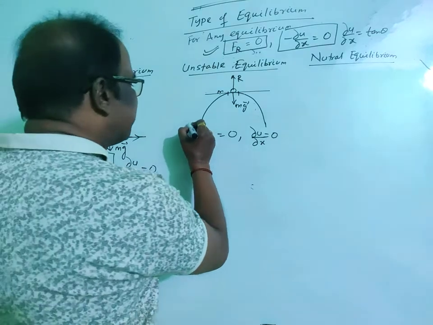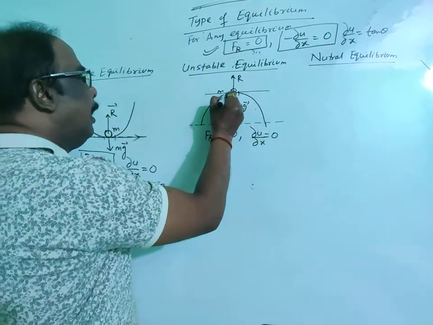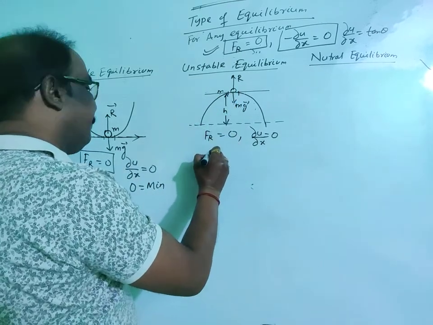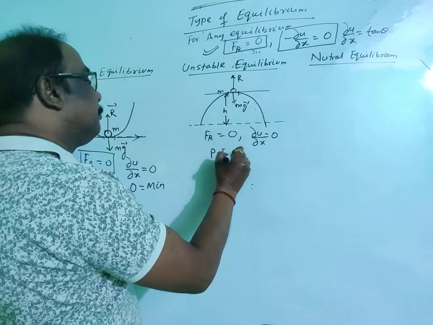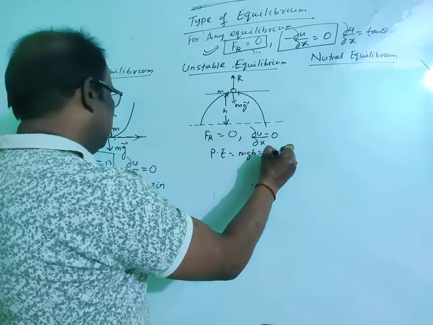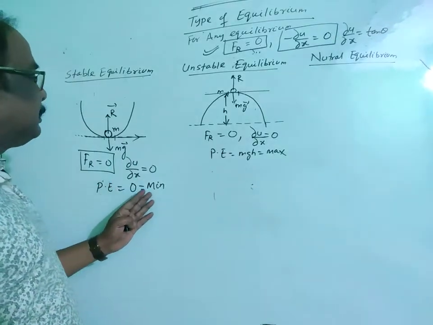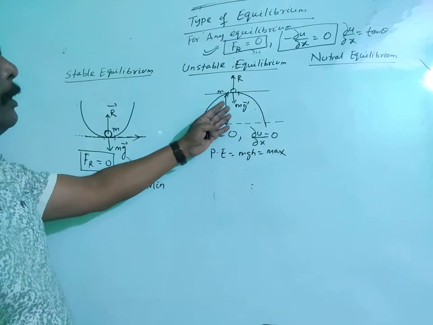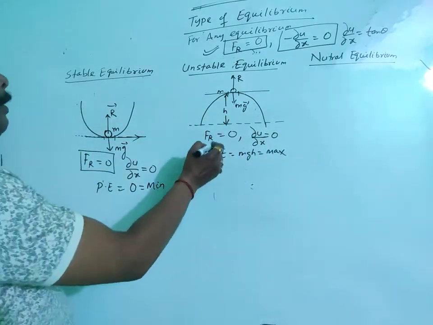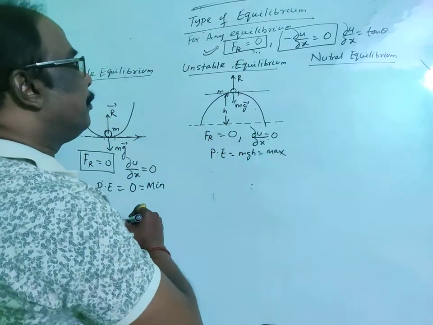But in this case, taking this as the datum level, ground level, and this height as h, the potential energy is mgh. We may take this as maximum. In the first case potential energy is minimum, but in this case potential energy is maximum. Again, here also resultant force is 0 and dU by dx is 0.